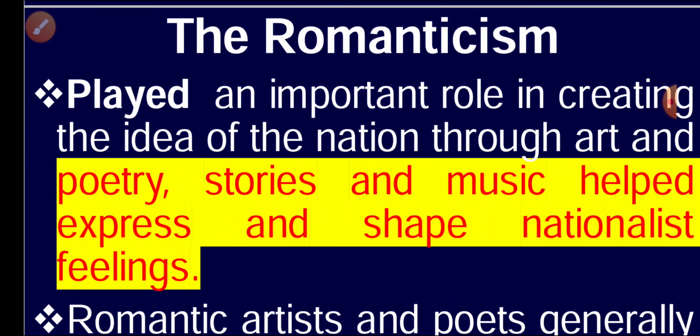In this Romanticism period, poets, artists, painters, singers, writers, all these people aroused the feeling of nationalism among the people through their writings, songs, language, and culture. So culture played an important role in creating the idea of nation in the Romanticism period.